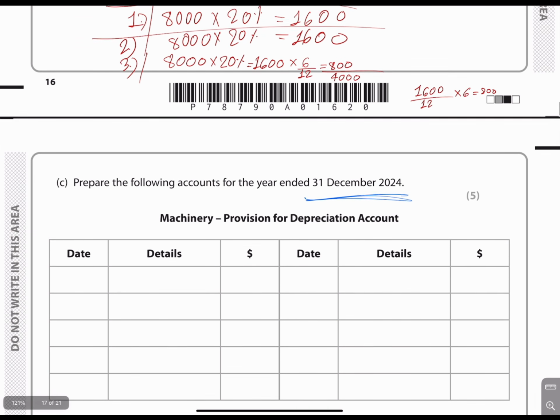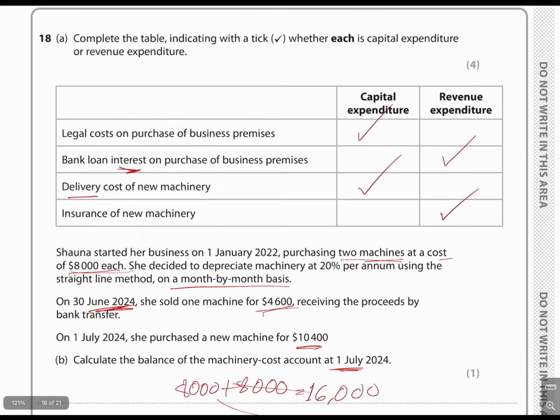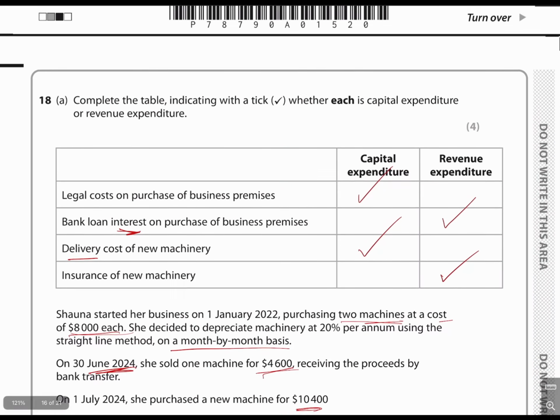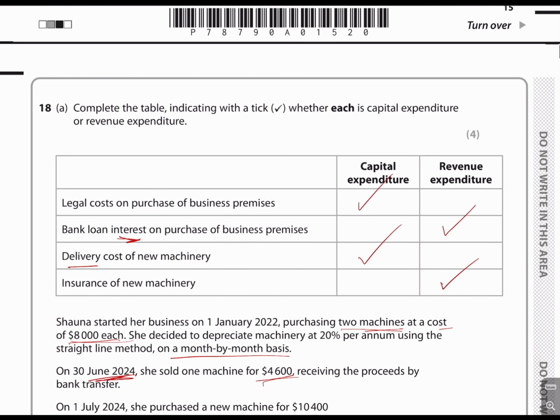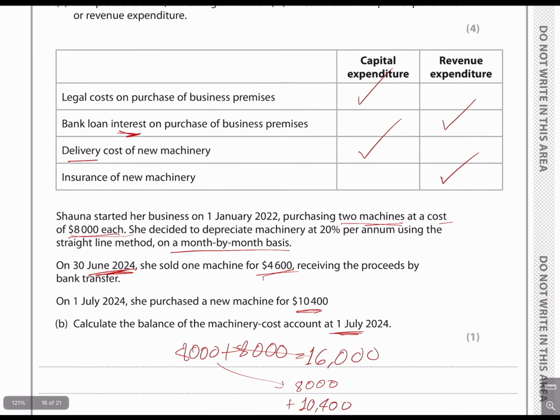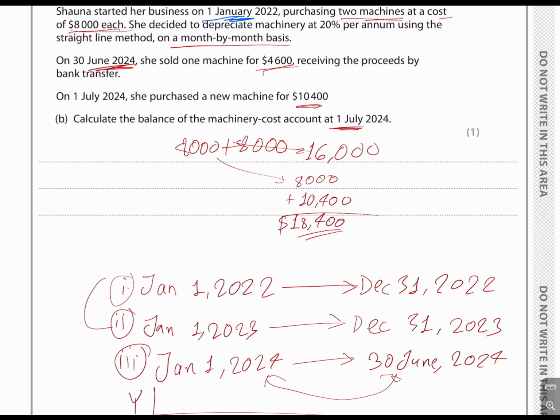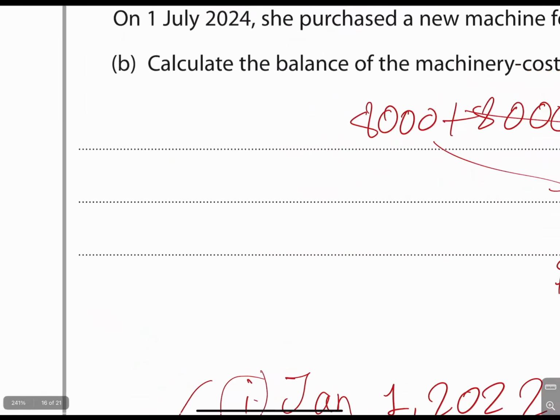Now let's do the provision for depreciation account. Now here they haven't provided us with the balance BD, so we have to find balance BD on our own. Now she started the business on 1 Jan 2022. So how many years?